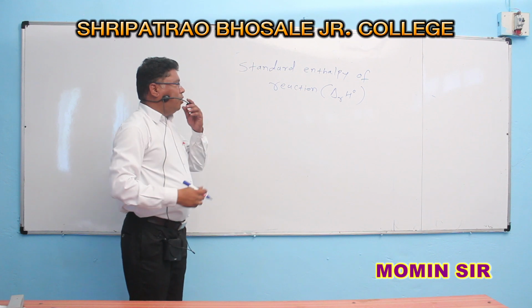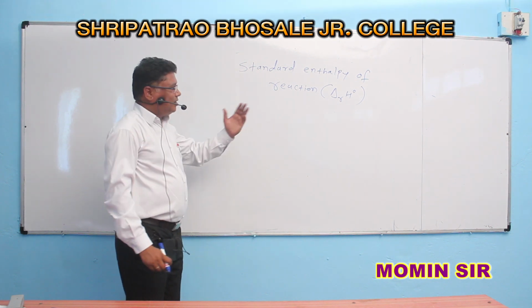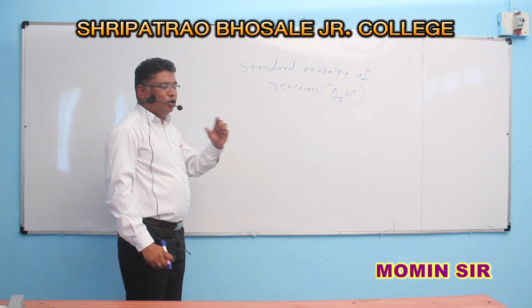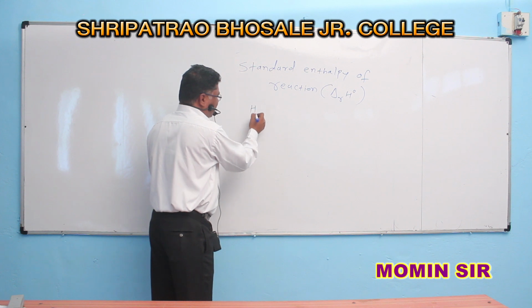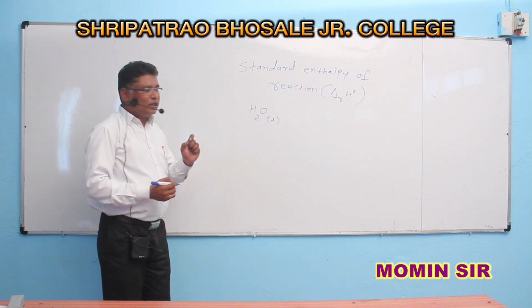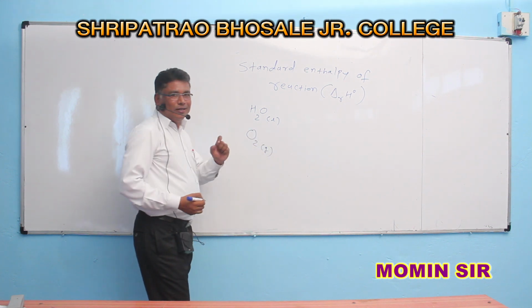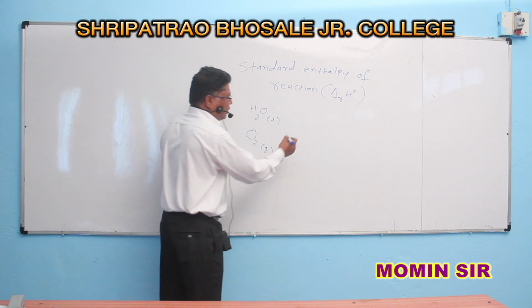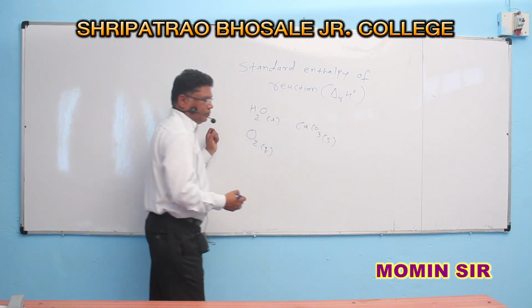What is the difference between enthalpy of reaction and standard enthalpy of reaction? You know that the standard state of water is liquid. The standard state of oxygen is gas. The standard state of calcium carbonate CaCO3 is solid.